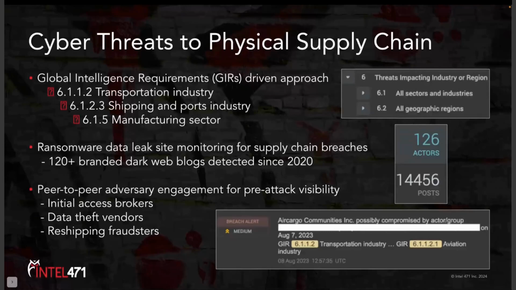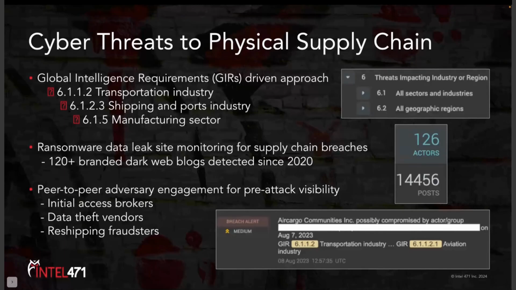Then, having a playbook in place to understand as much as possible what data has been leaked, your relationship to that supplier, and what data could potentially come out due to that event, can be a very important step to help mitigate an impact to your supply chain.